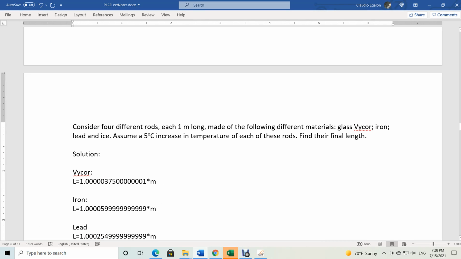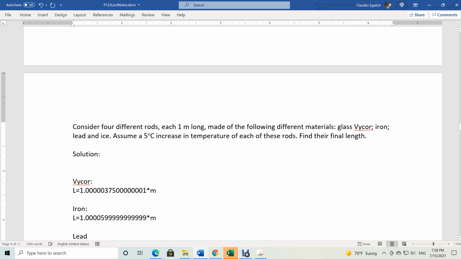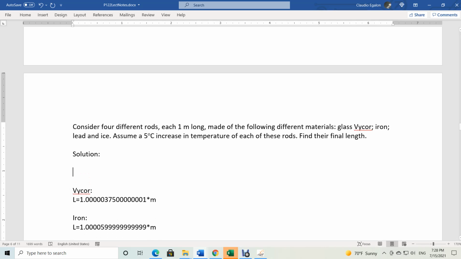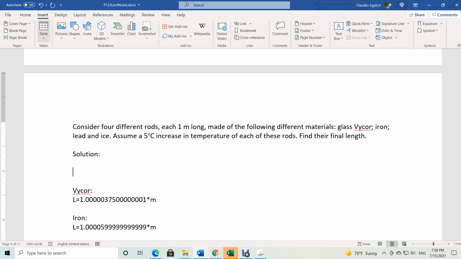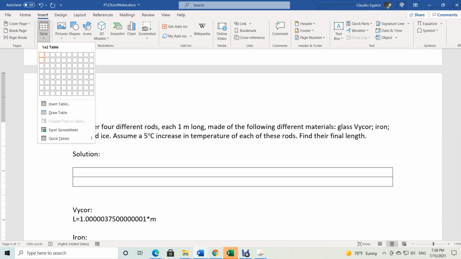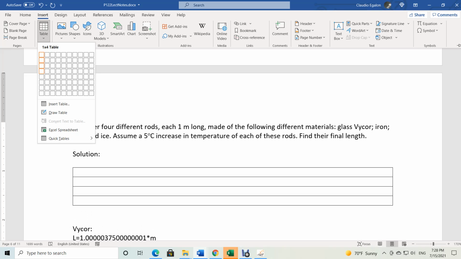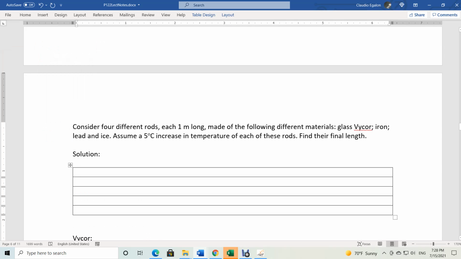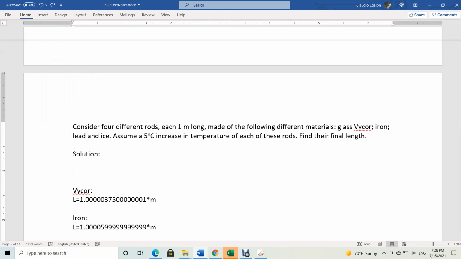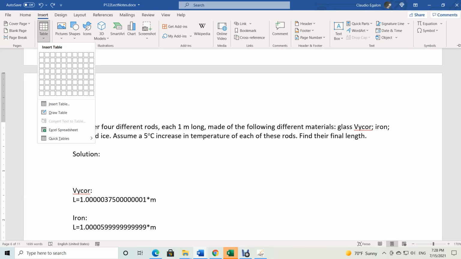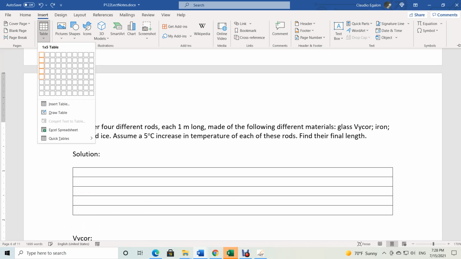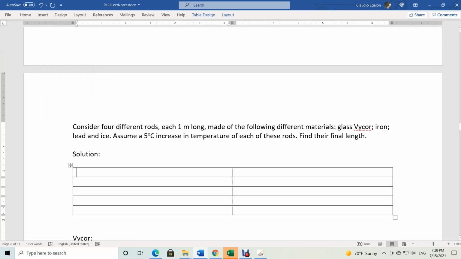Okay? So we increased from, look, I'm going to put every one below the other so you can see that more easily, in a table format. Here you go. Insert 1, 2, 3, 4, 5, 2 columns.